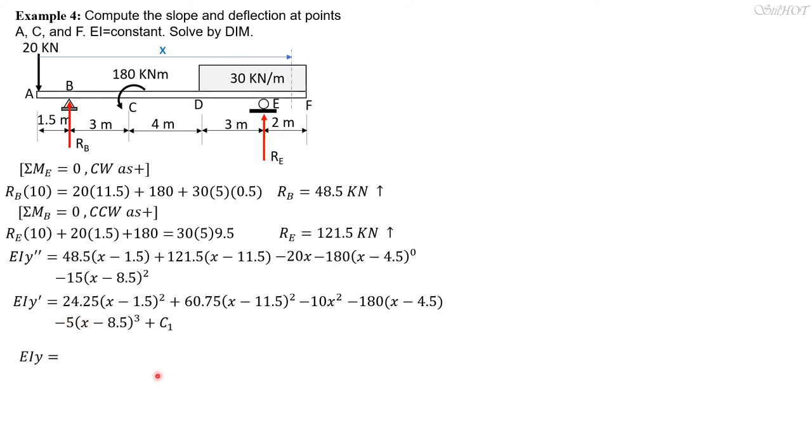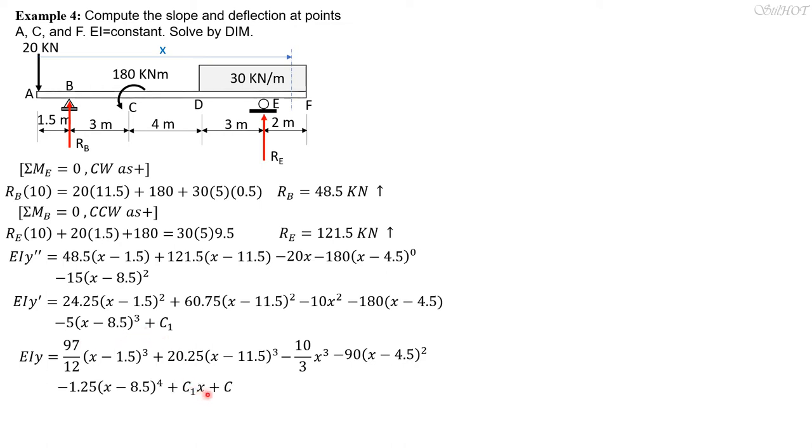And integrating again, we'll have 97 over 12 x minus 1.5 cubed plus 20.25 x minus 11.5 cubed, minus 10 thirds x cubed, then minus 90 x minus 4.5 squared, then minus 1.25 x minus 8.5 to the fourth plus c sub 1 x plus c sub 2.